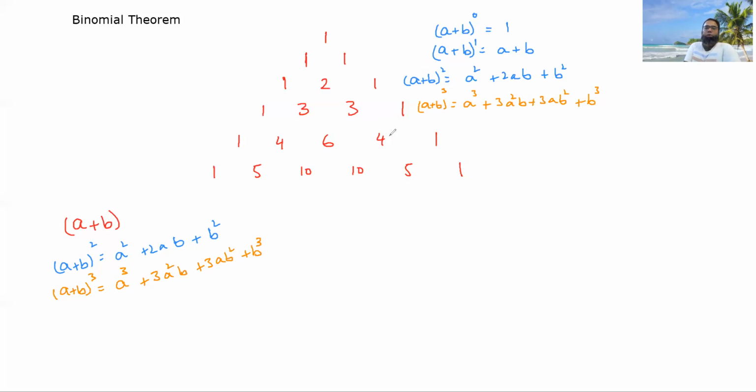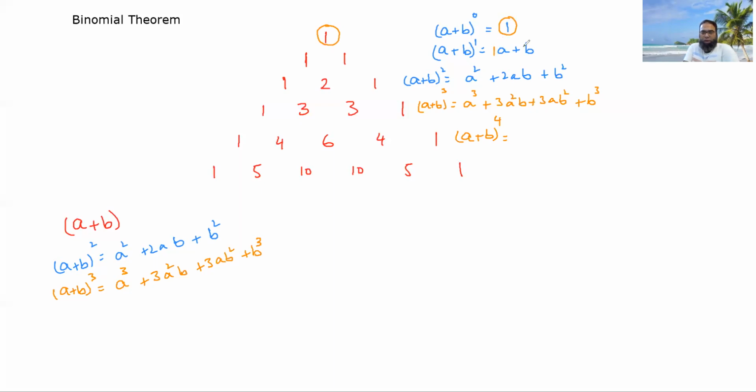Now, before I go on to a plus b raised to power 4, I want you to notice the relationship of all these expansions with this Pascal's triangle. Now, look at this. If there is 1, you have just 1 over here, okay? Now, this 1, 1 is basically referring to the coefficients of these terms.